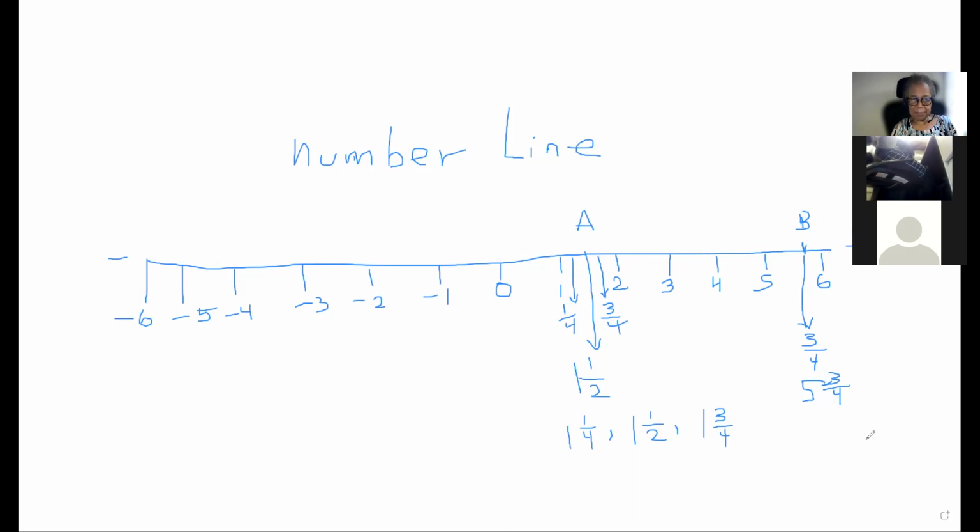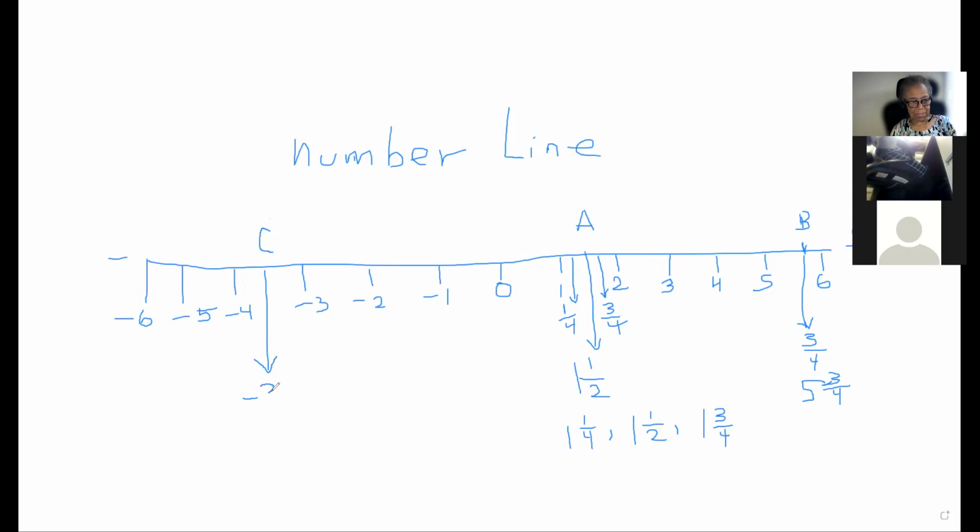You got it? Now, the same holds for negative. If I had this number, I'm between my -3 and my -4. I'll call this C. What's the value of C, Maureen? Between a -3 and a -4. I know it's a -3, the whole number.